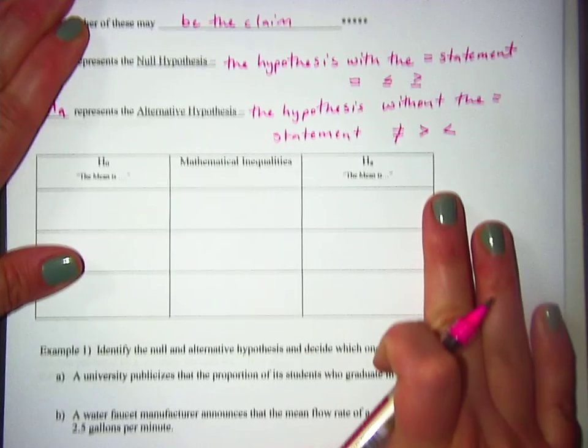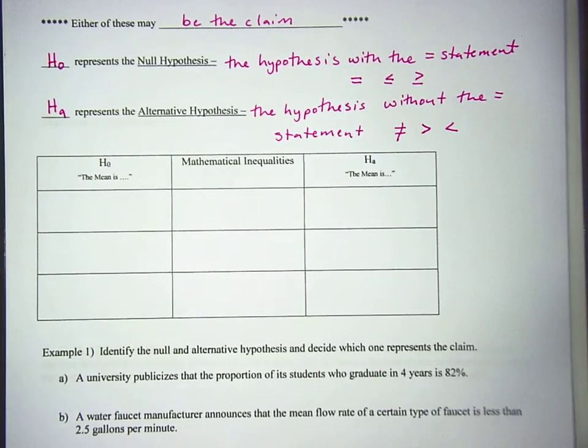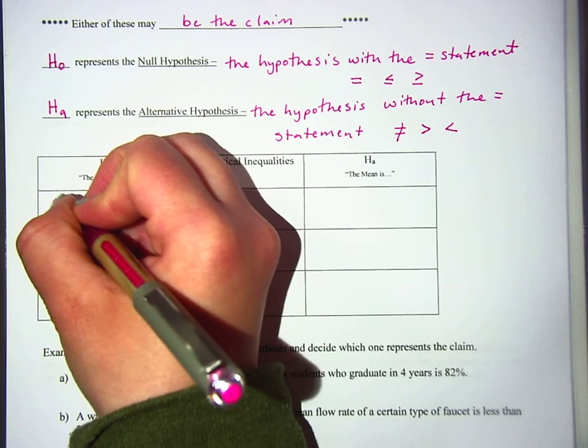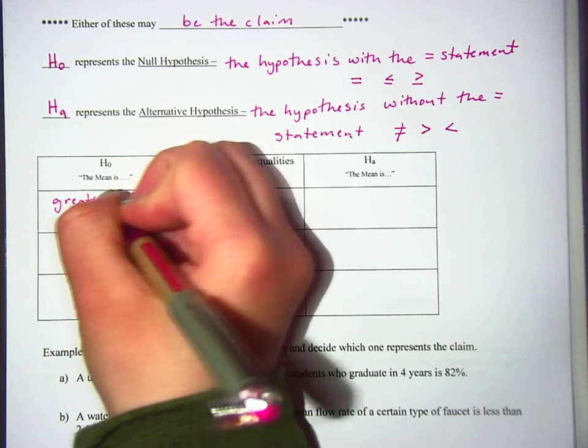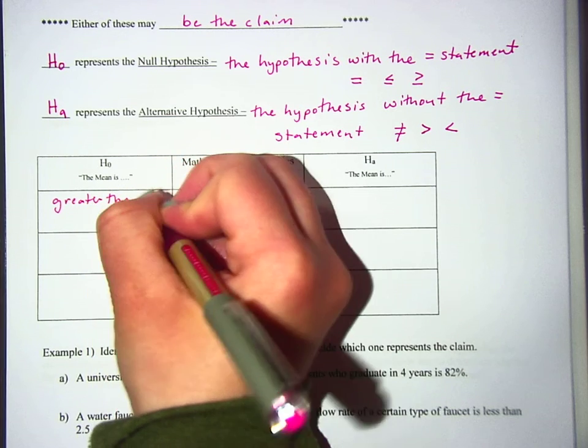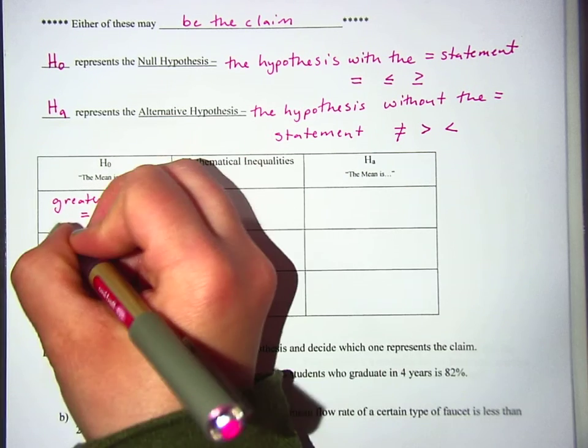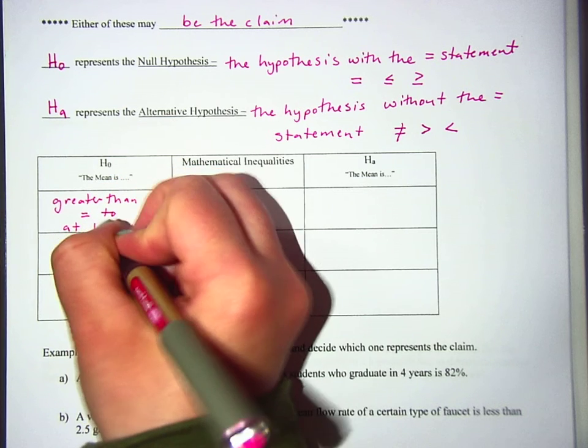As you're going through the lesson, you're trying to identify which one's the null and alternative. For H sub O, it'll say the mean is greater than or equal to. It might also say that it's at least.